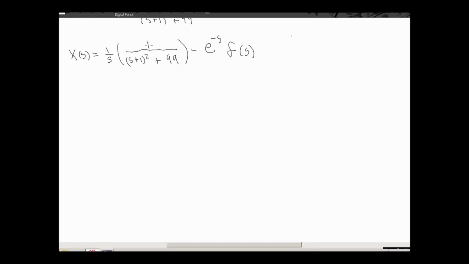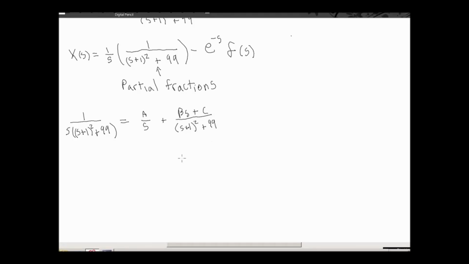So the first thing we need to do is partial fraction decomposition on that guy right there. In order to do that, we need to break this up into this.